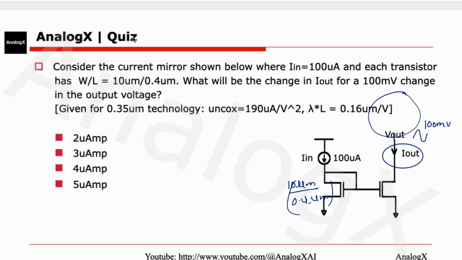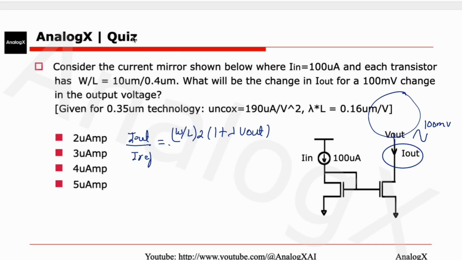So we know that for this simple current mirror, I out by I reference will be W by L and 1 plus lambda VDS. Since their widths and lengths are the same, that will cancel out. Let me write it completely: 1 plus lambda VDS, where VDS is V out, divided by W by L and 1 plus lambda VDS, where that VDS is VGS.